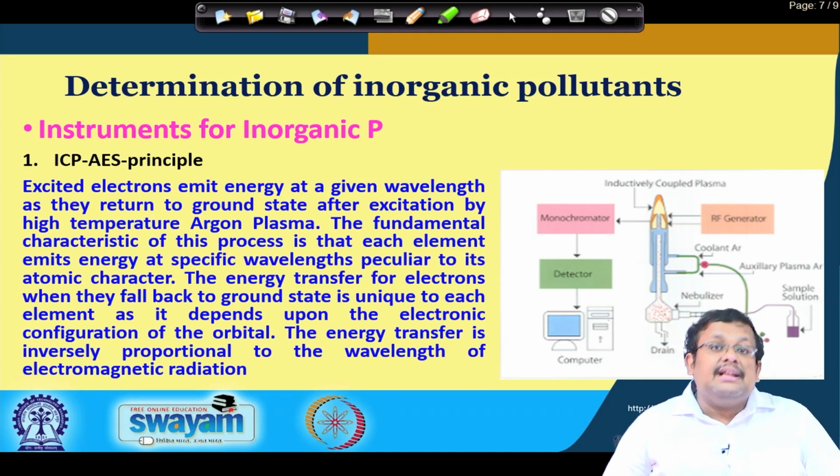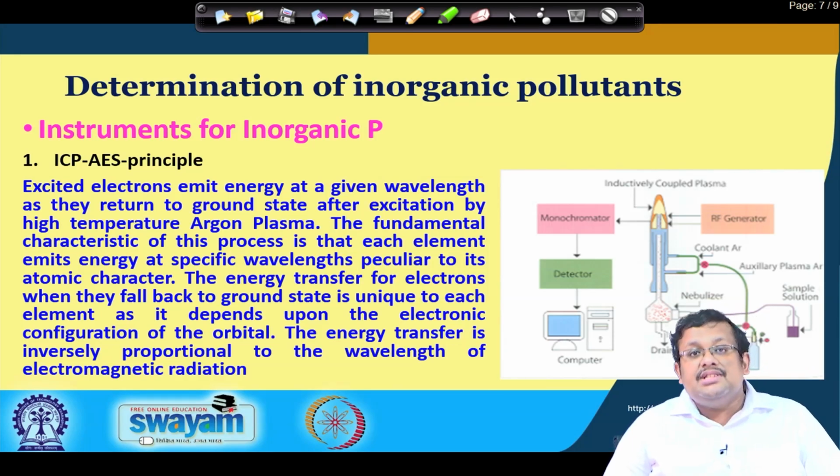Now, the fundamental characteristic of this process is that each element emits energy at specific wavelengths particular to its atomic character. So, the wavelength at which these elements emit light is very much wavelength specific, and also depends on its atomic character.